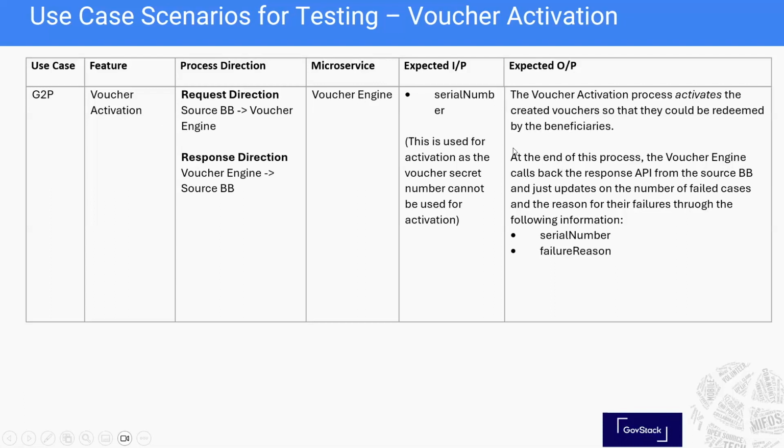So either that voucher is activated or that voucher is not activated. In the callback API, when it sends the status back, it sends the serial number for the voucher that has been activated. And if in case it has failed, then it sends the failure reason.